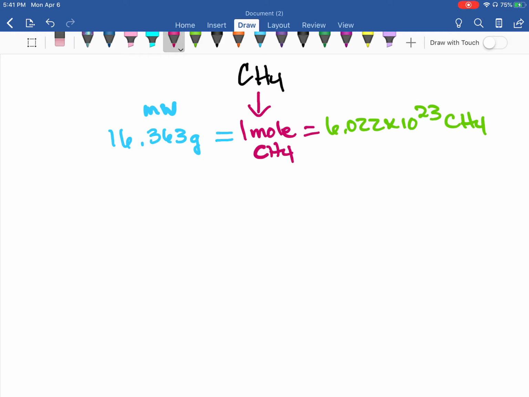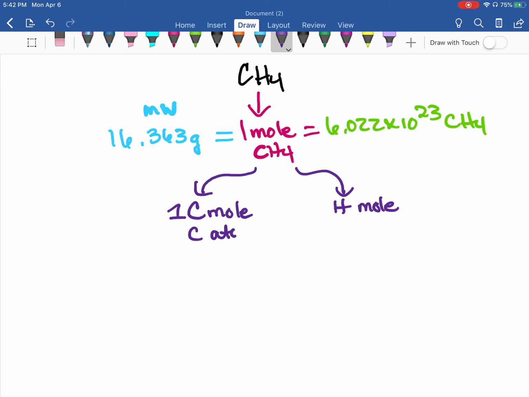And so now that that's together, remember we broke this apart just a little bit more. And we stopped and we said, well, hang on a second. Within that particle, we also have just plain carbon and just plain hydrogen. And for carbon, we have just 1 mole of carbon atoms.